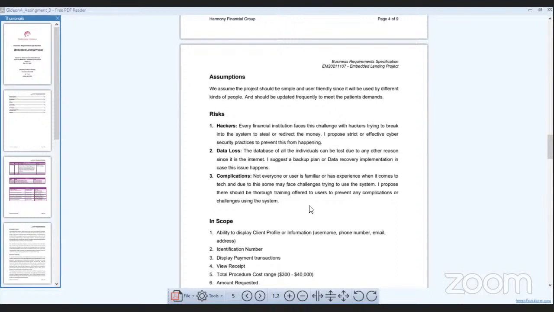And in your assumptions, you wrote, we assume the project should be simple and user-friendly since it will be used by different kinds of people. Can I get a clarification on that? Who are the people you are talking about?